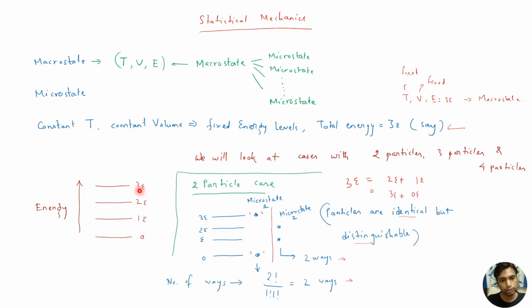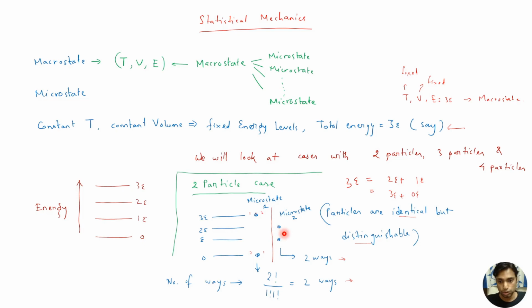In how many ways can we get 3e? In one case, one particle is in 3e and the other particle is in 0e, and another microstate is when one is in 2e and the other is in e.